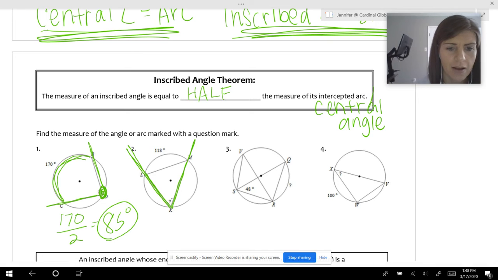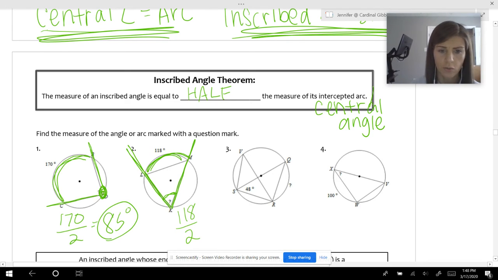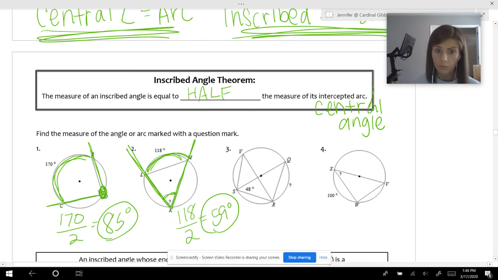So the measurement of this angle is going to be half of its arc. If its arc is 118, then 118 divided by 2 is 59 degrees. So to find the measurement of the inscribed angle, not the central angle right now, but the inscribed angle, we just divide that arc by 2.